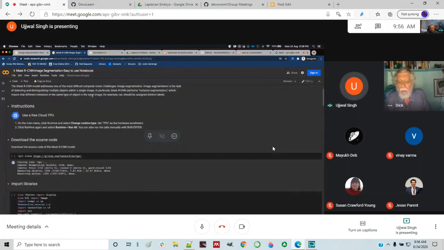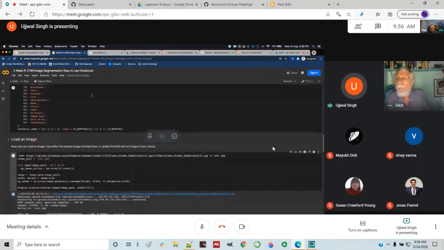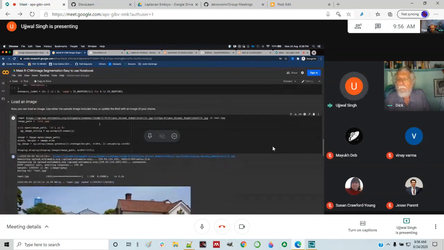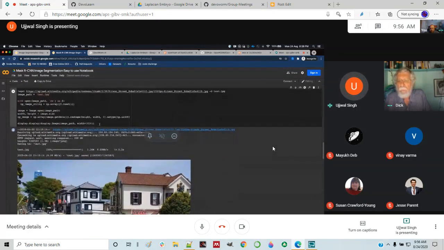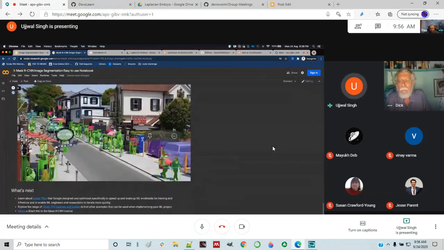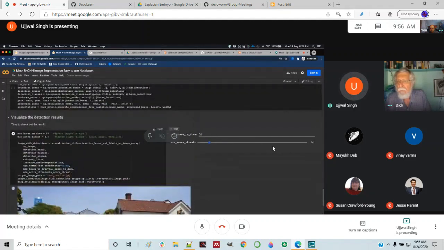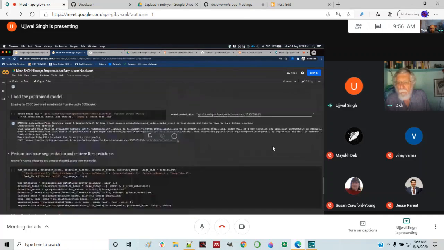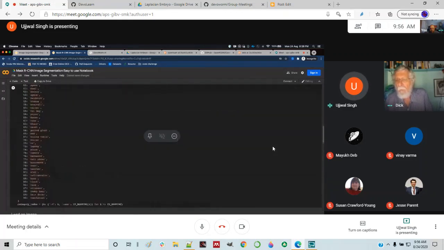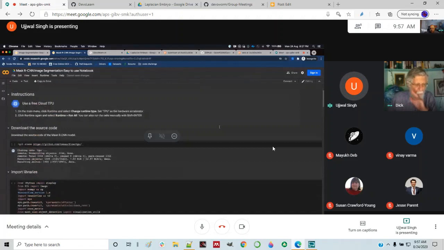So this code provides a simple interface, not editable for them. I will provide the editable link for the image upload, and they can simply do segmentation of the images, and there are some parameters that we can adjust through sliders. I think this will provide a benefit to the community, because people can easily use the models for their purpose.